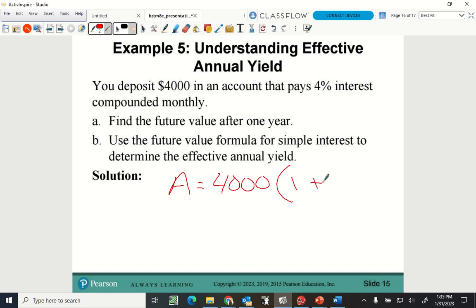Parentheses, 1 plus my rate, over 12, very good. Close. Raised to the 12 times, how many years? 1 year. Whenever you're doing this, it's going to be 1 year. Please go and calculate.